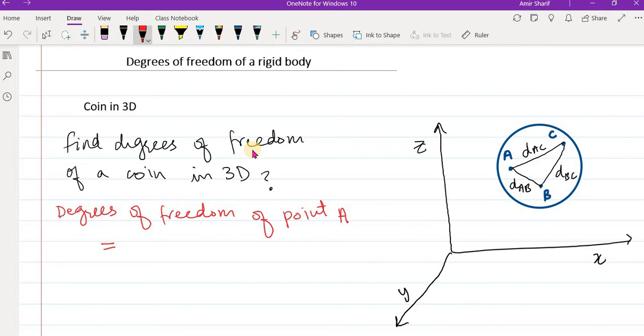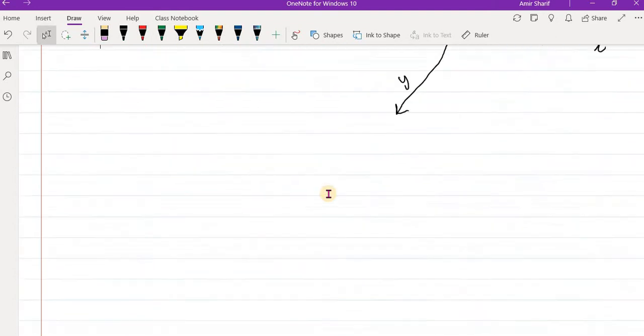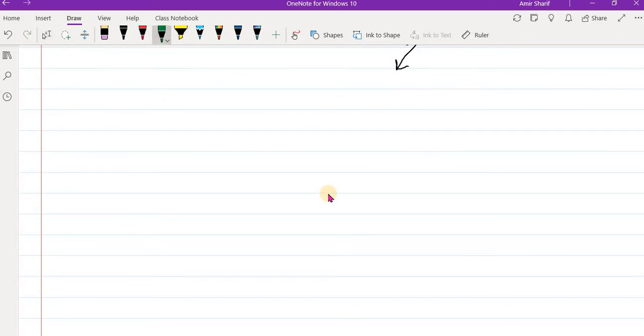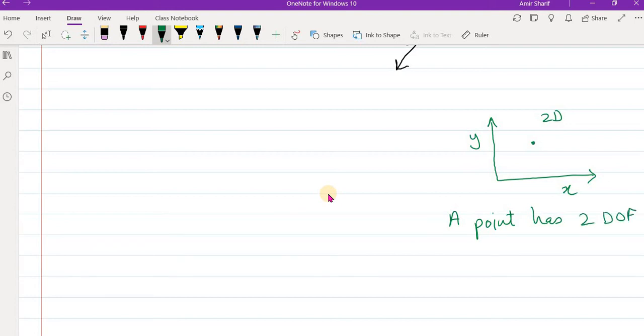So remember, this is now a 3D. As we have already discussed, in a 2D world, x and y, a point can have 2 degrees of freedom, but in a 3D world a point has 3 degrees of freedom.